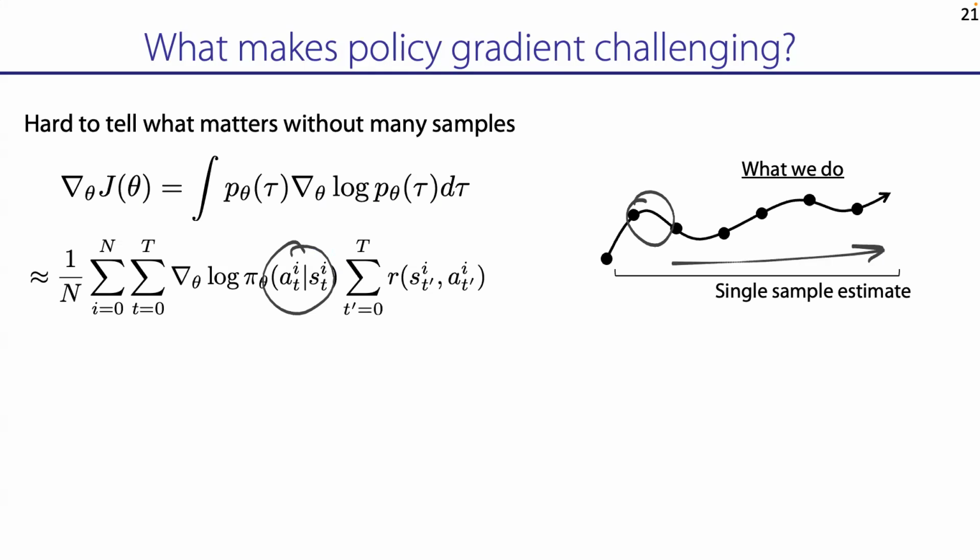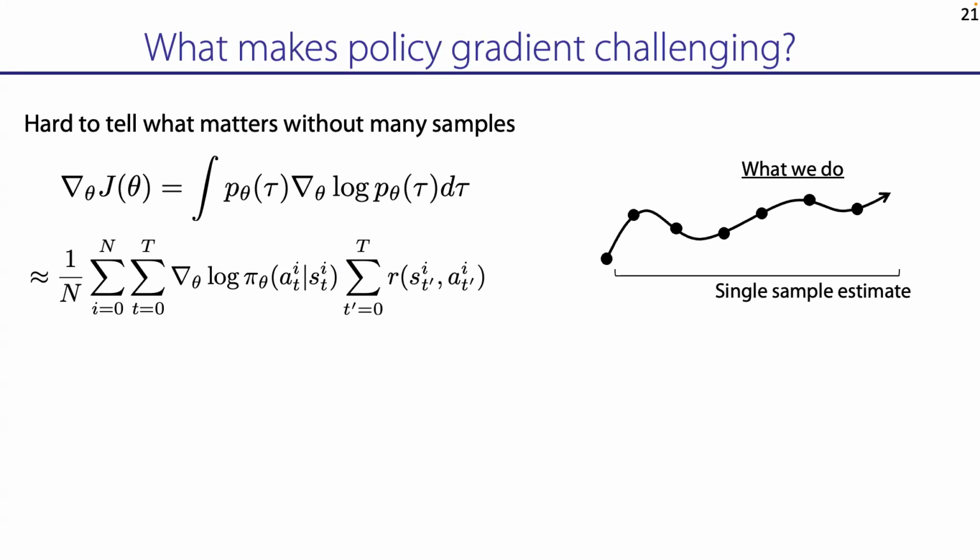It's not like I took many different samples here. So if I got super lucky or super unlucky, things get really high variance. For every single state action tuple, you're getting a weighting only by the way I like to think of it, like you're wiggling a rope, right?